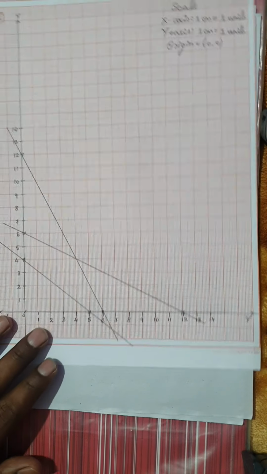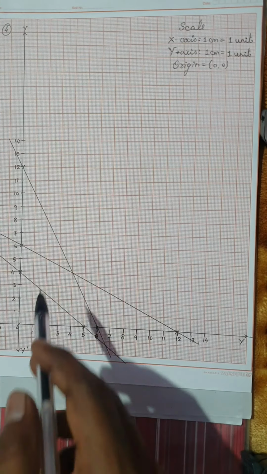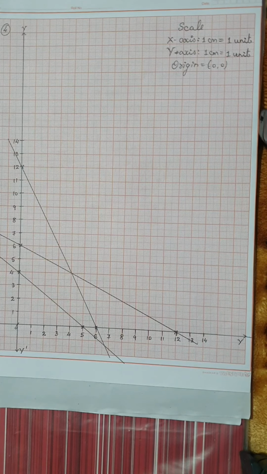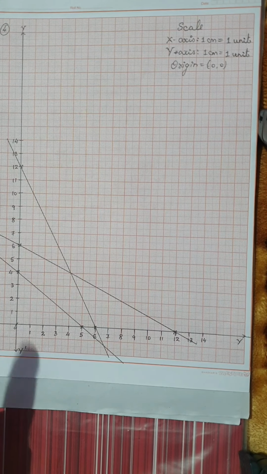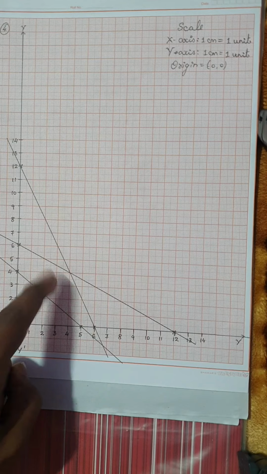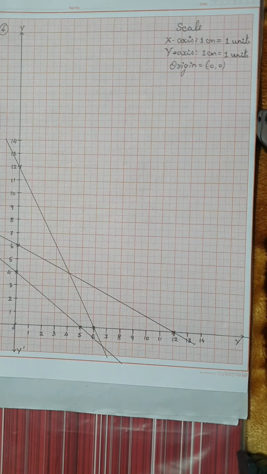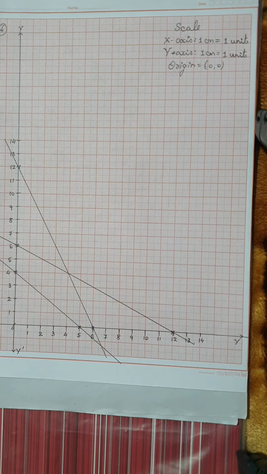Students, you can see here these are the lines. I've plotted the 3 straight lines. Now I'm going to name the points and the straight lines and get ready to find the feasible region.